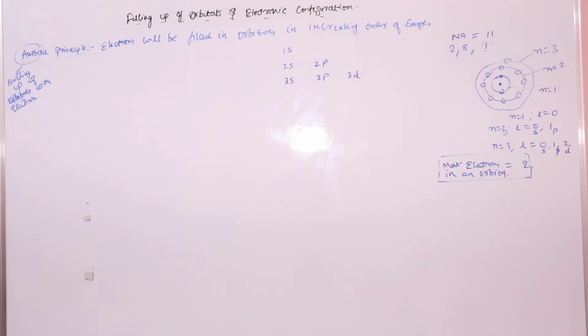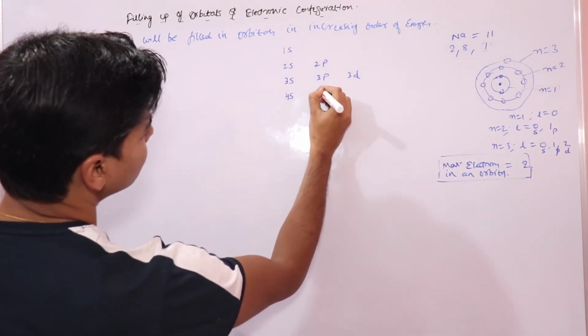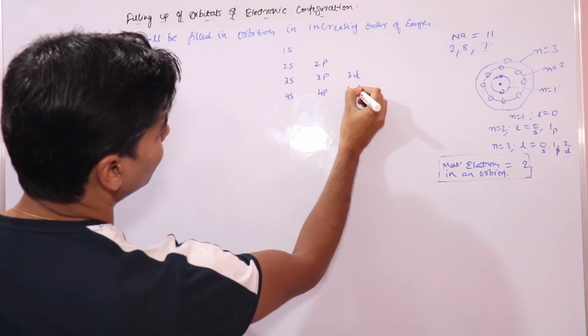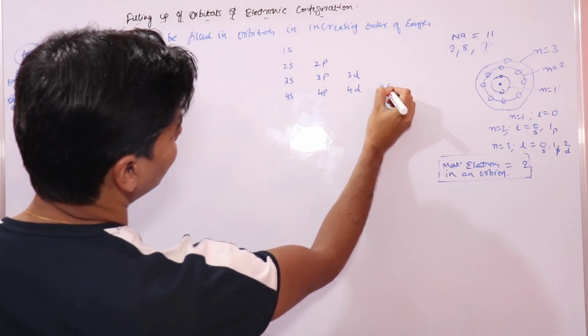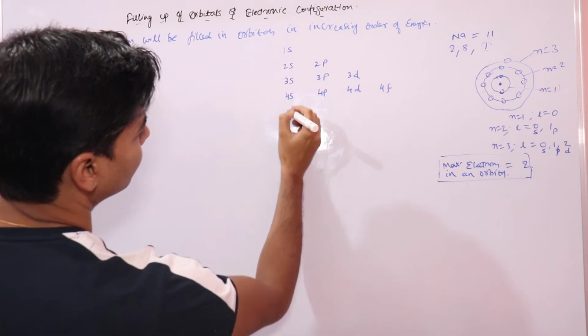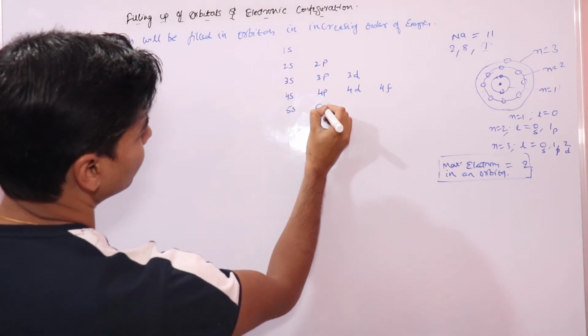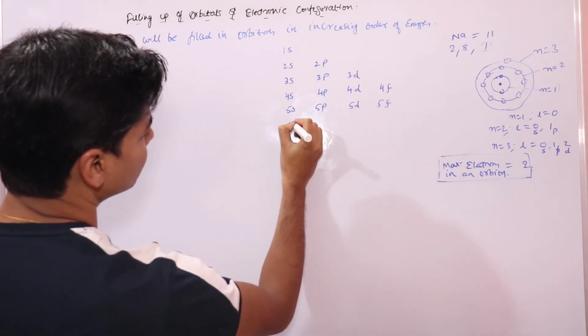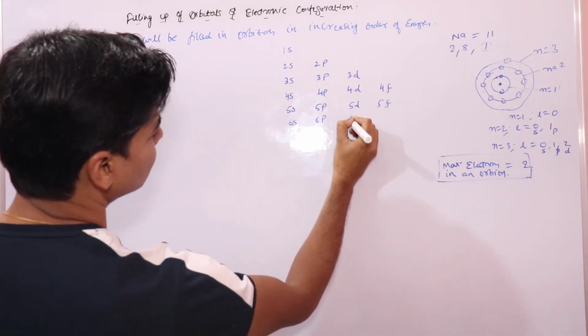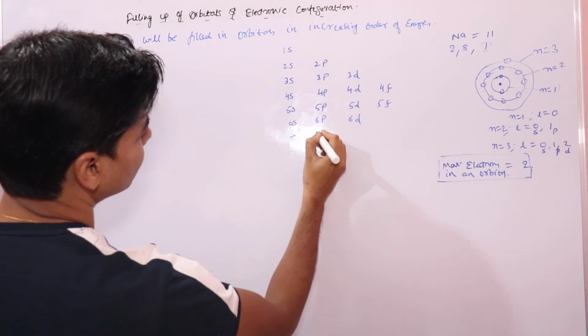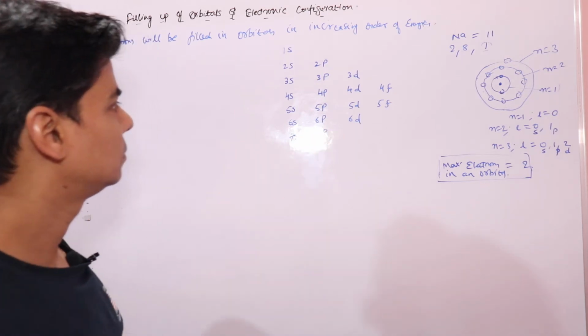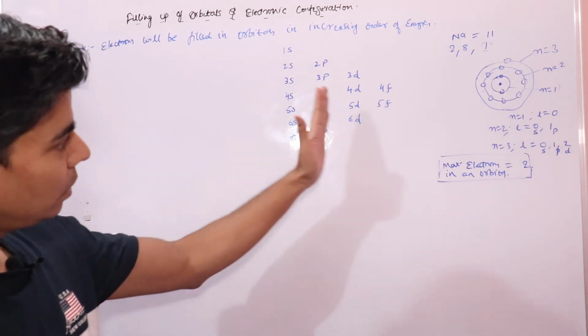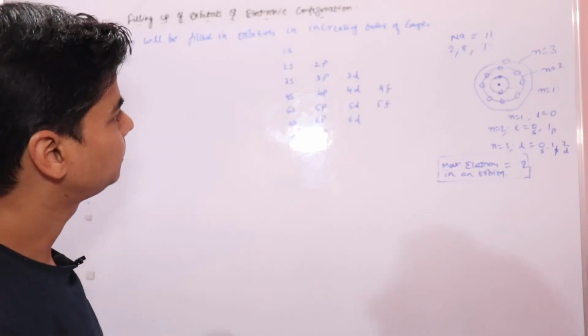Now the fourth shell is 4s, 4p, 4d, 4f, spdf. 5s, 5p, 5d, 5f. 6s, 6p and 6d, 7s and 7p. This is the way you will write down all these orbitals.